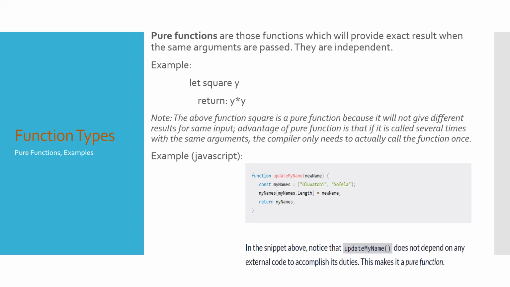So basically there is nothing changing here. Everything is consistent. Whatever values you pass through my names, it will just take those values and constantly process it. Hence, pure functions are those functions which will provide the exact same result when the same arguments are passed. So that's important for you to remember.